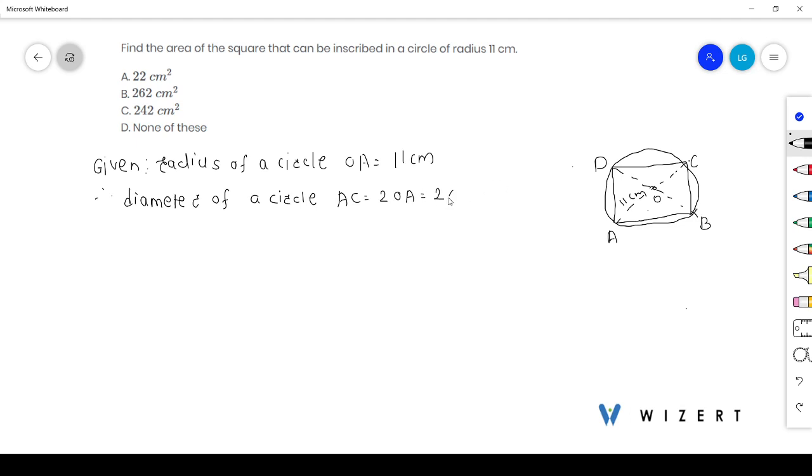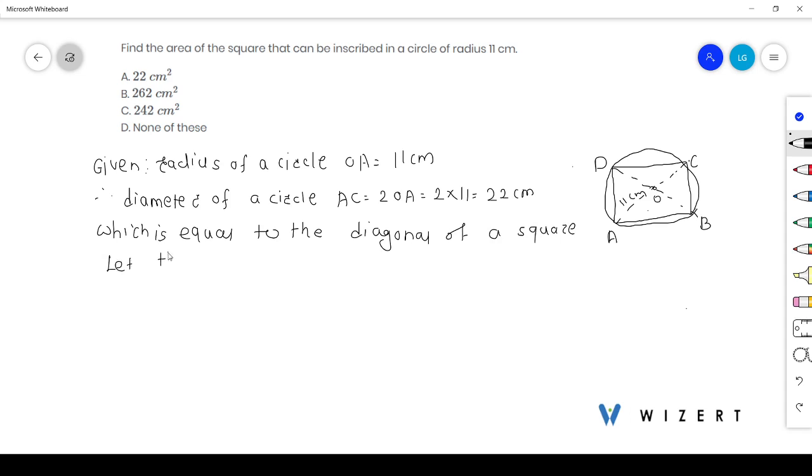That is 2 into 11 means 22 centimeters, which is equal to the diagonal of a square.